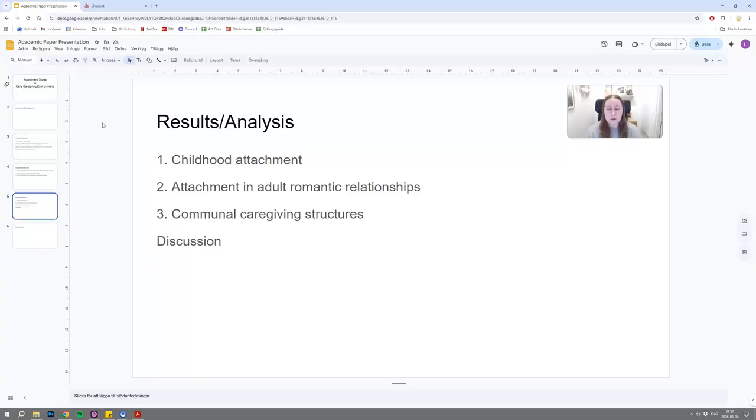There is secure attachment, anxious attachment, and avoidant attachment. And the anxious and avoidant attachment are also referred to as insecure attachment. And secure attachment is when a child feels safe in seeking comfort with their caregiver and also in going out and exploring the world on their own.